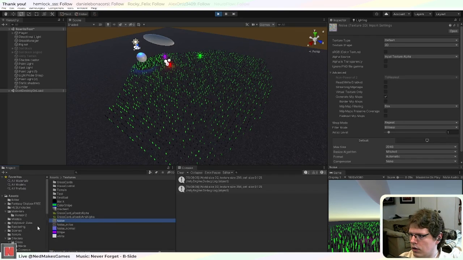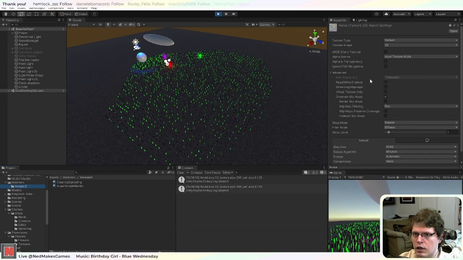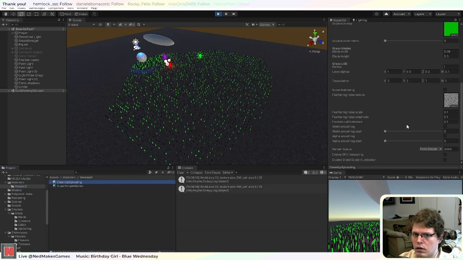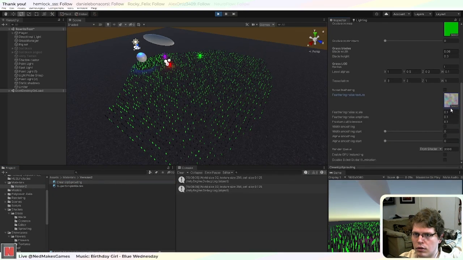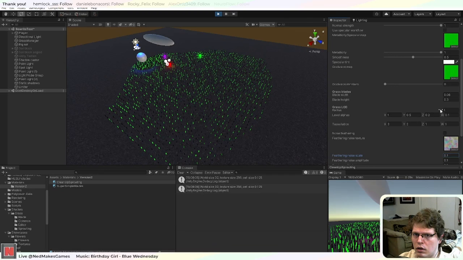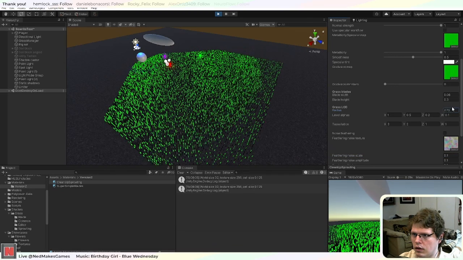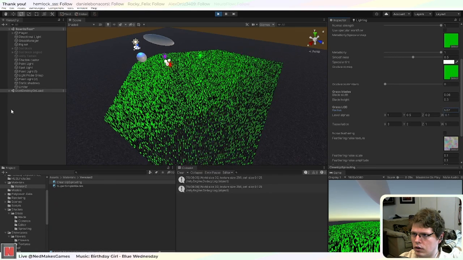Okay, yeah. I need to clean up those textures too, but I don't think it really matters. Okay, so now you can see the LOD levels take effect.